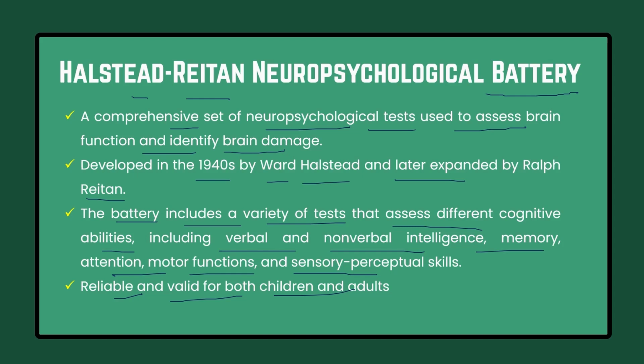And it is valid. Valid means if one of the tests says it measures memory, it will give you a measure of the memory of the person. So it will measure what it claims to measure. That is called validity. And this Halstead-Reitan neuropsychological battery is reliable and valid for both children and adults.